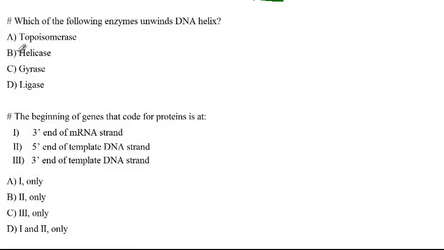Again, that's very easy, helicase. What was the function of topoisomerase? It forms nicks in the DNA in order to relieve the supercoils that are created by helicase. So does gyrase. Both of these do the same job. And ligase, what was the function of ligase? It was joining the Okazaki fragments together.